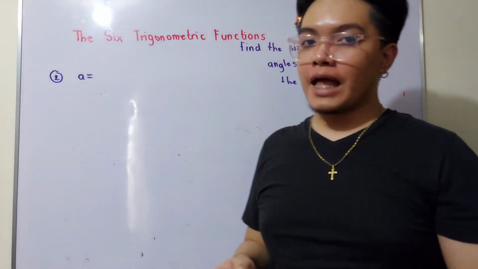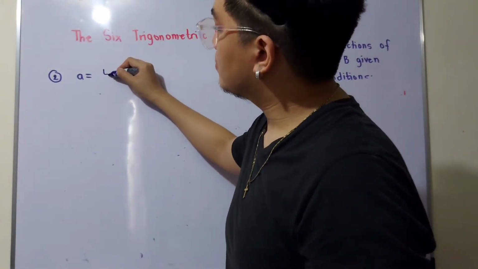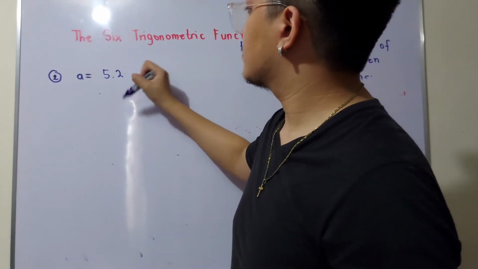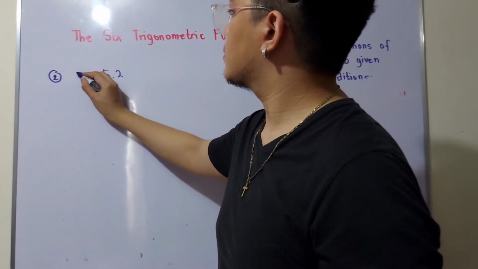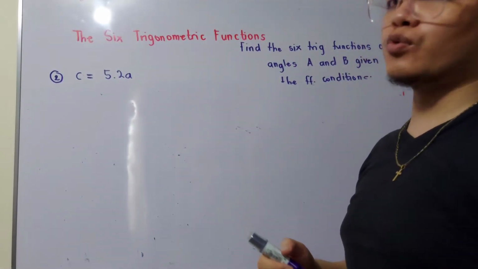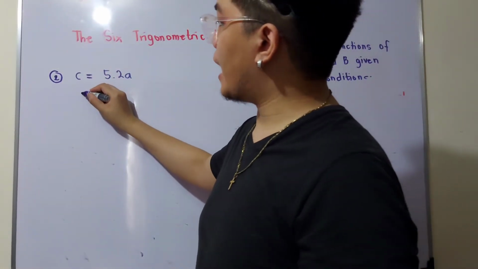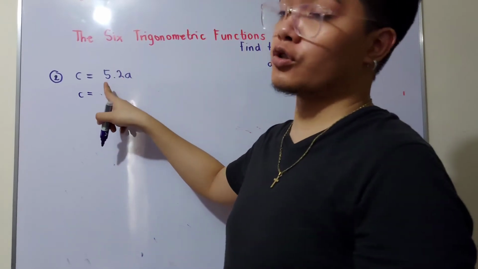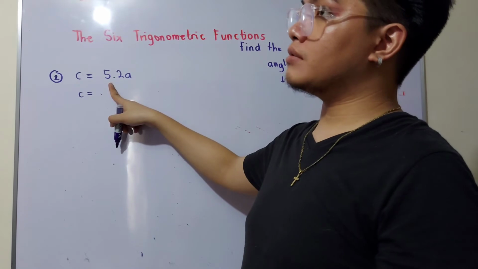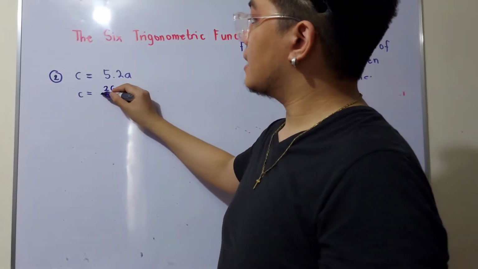Okay, so second example tayo, ito yung condition. C is equal to 5.2A. Okay, so gaya ng sinabi ko kanina, gagawin natin decimal to fraction. So 5.2, that's equal to 26 over 5.